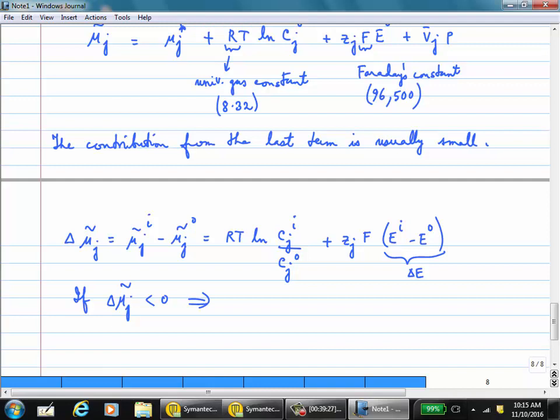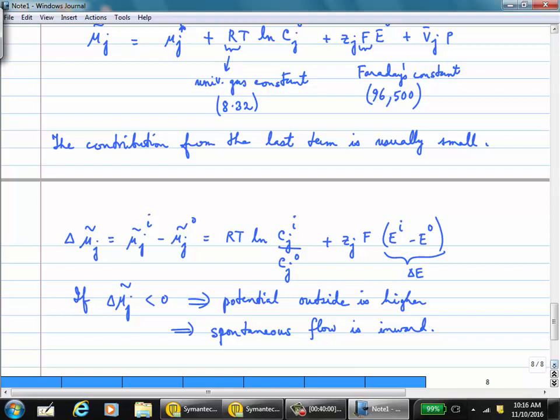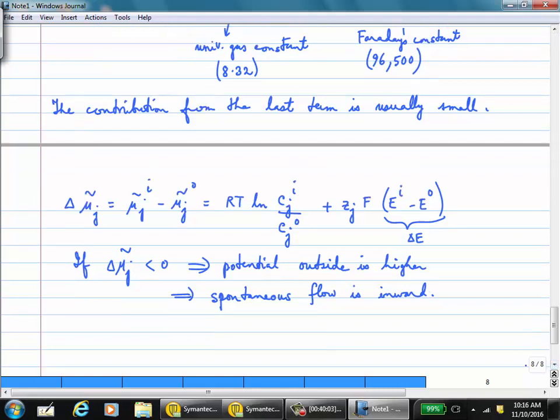So this implies the potential outside is higher, which means that the spontaneous flow is inward.